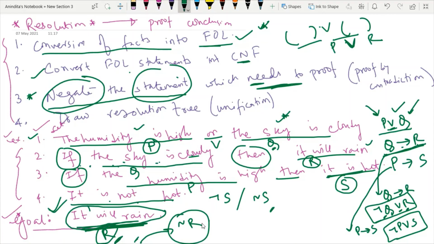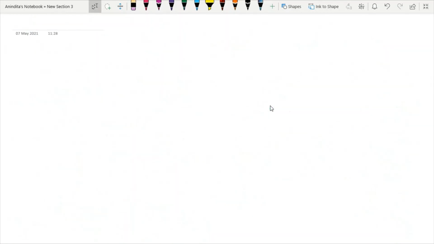Now we have to learn the fourth step, how we can draw the resolution tree or how we can perform unification. Up to this point, whatever we have gathered and converted, using these components we have to create this unification tree. So let's check what we have right now so that we could apply step number 4.